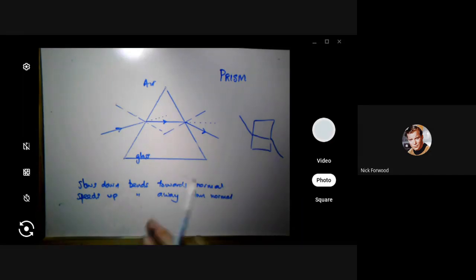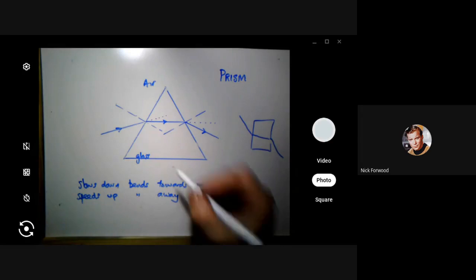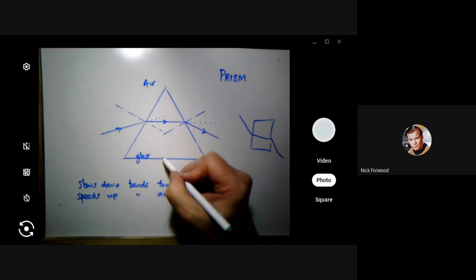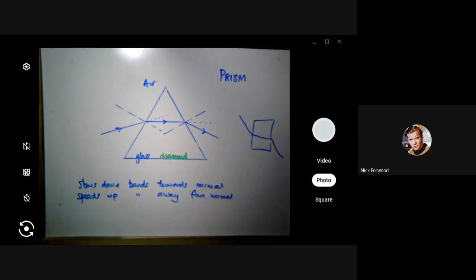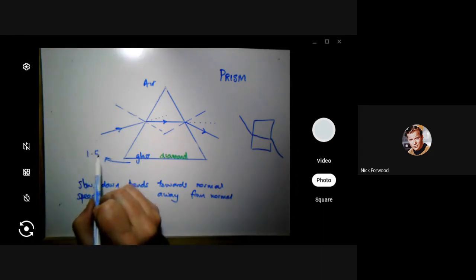But if this was diamond, you could think what would happen. Now, the reduction factor, or the refractive index: we've got 3 times 10 to the power of 8 in air, 2 times 10 to the power of 8 in glass. That gives us the refractive index for glass of 1.5.